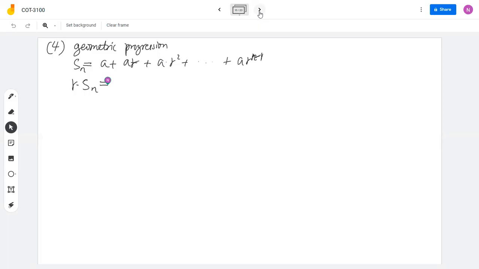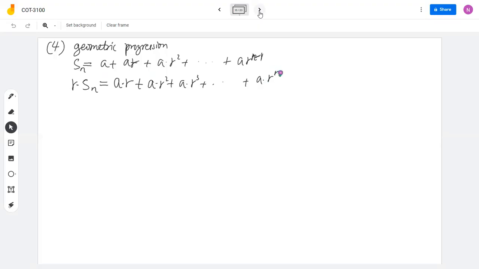We're going to have a times r plus a times r squared plus a times r cubed, and so on. The last term we end up with is a times r to the n.